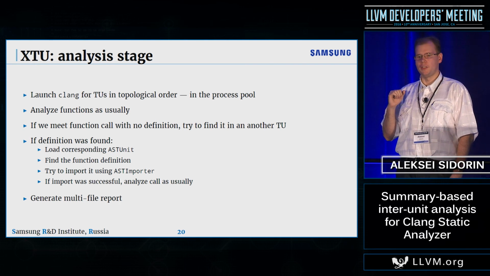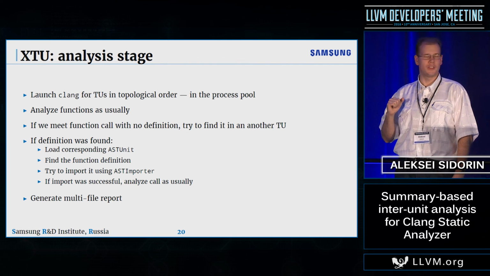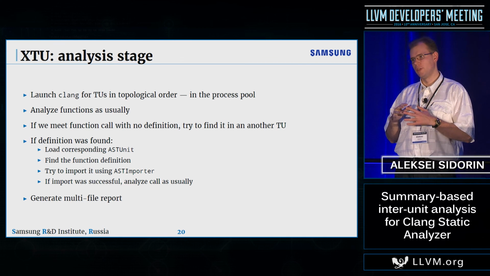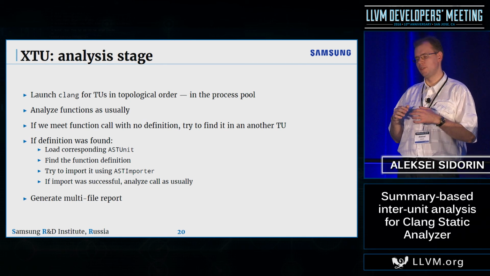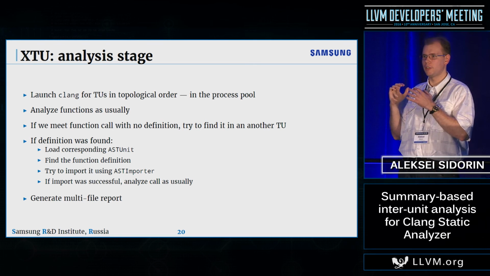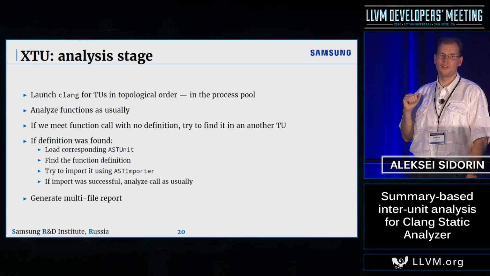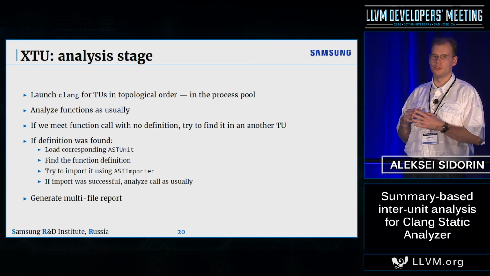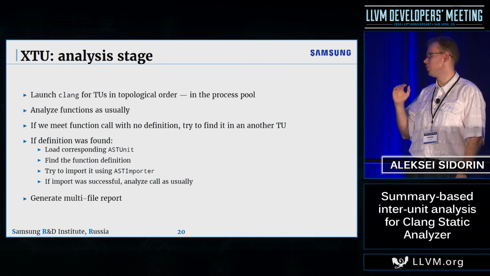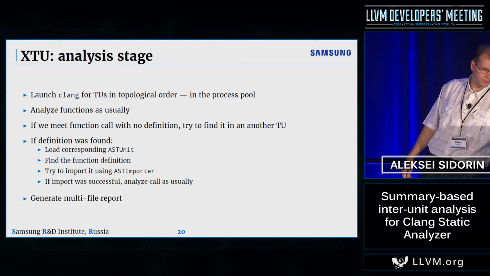And if we can determine that there is a translation unit where the function is located, we load this AST unit and import the function definition and its dependencies into our current AST context. After this, we continue the analysis. After the analysis is finished, we can also generate a multi-file report to show how the execution path was going through different translation units.